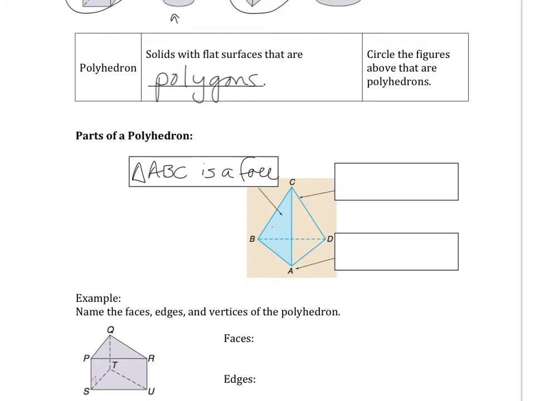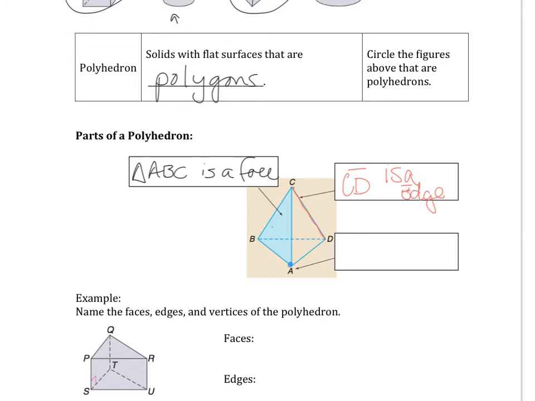This line, I'll highlight it in red right here, CD. So segment CD is called an edge. And then this point, I'll highlight it for you. This point right here, that's called a vertex.